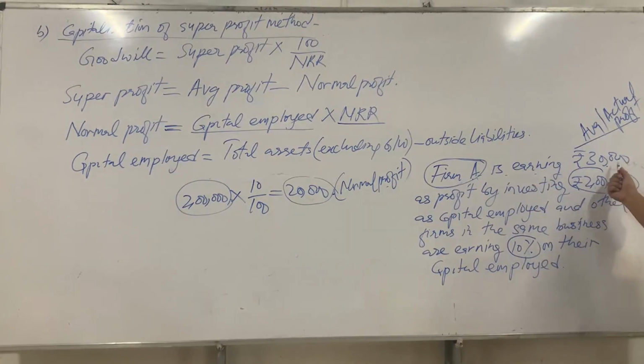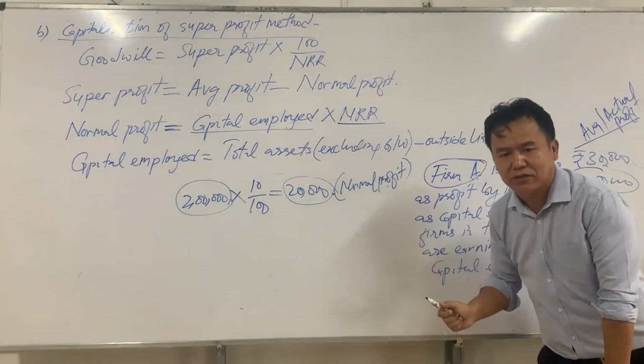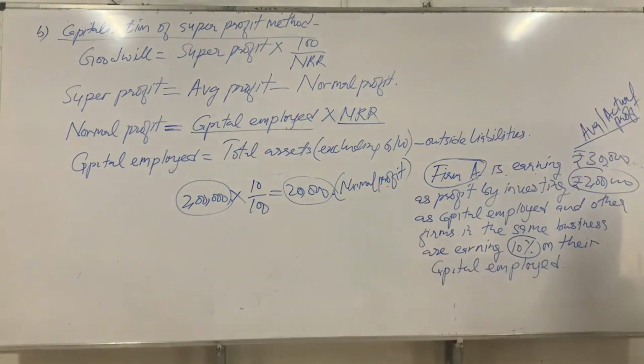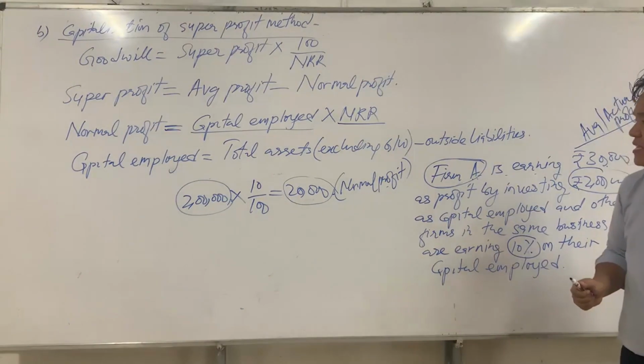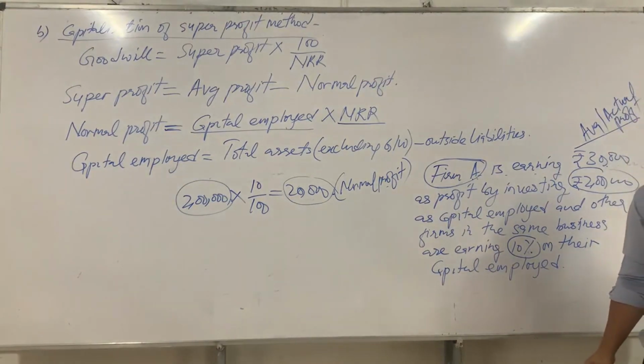The difference between 30,000 and 20,000 is 10,000. So firm A earns an excess profit of rupees 10,000, and that excess profit is called super profit.